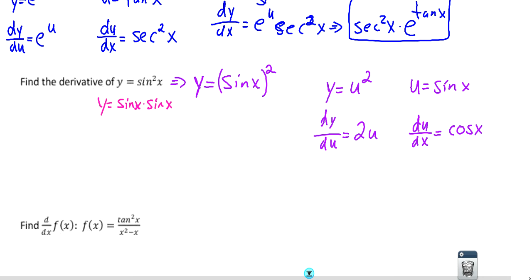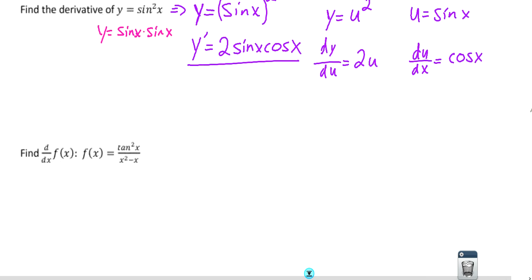And then again, we multiply these two things and we have to plug our u back in, which is sine x, and we get y prime is equal to 2 sine x cosine x. And that's our derivative.